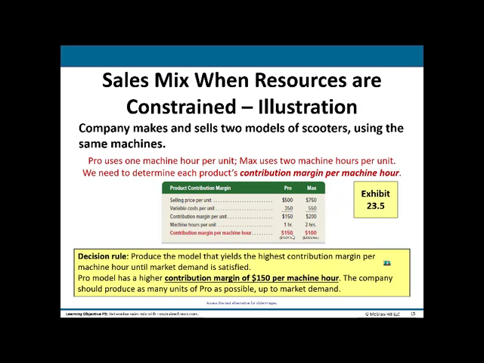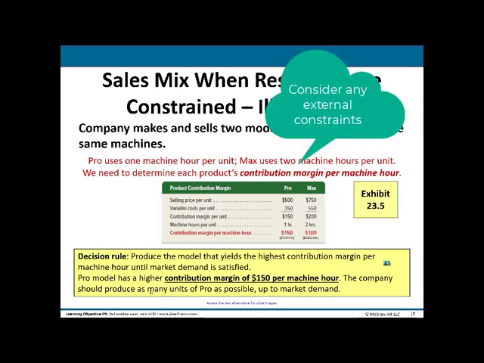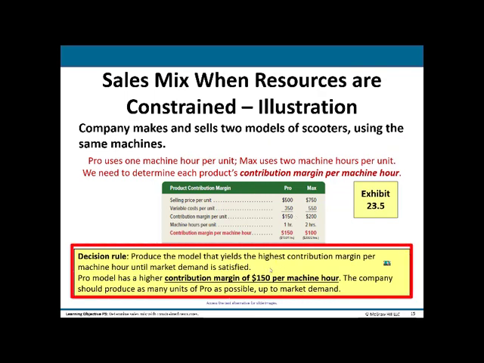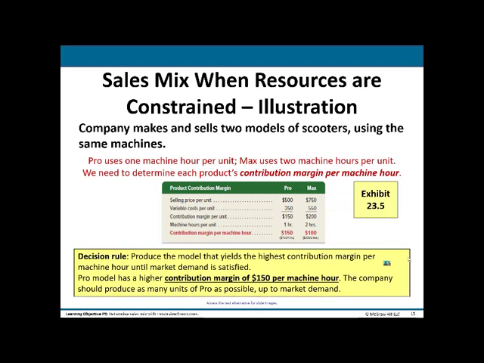There could be a built-in customer constraint where a customer will only buy so many, there could be other constraints taking place. So I liked the decision rule here. Produce the model that uses the highest contribution margin per machine hour until the market demand is satisfied. And again, we would focus our efforts on the more profitable products.